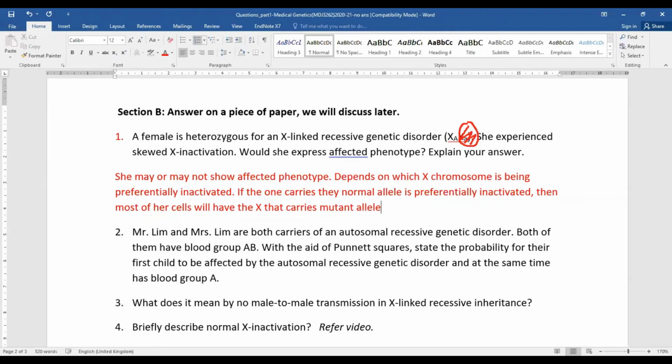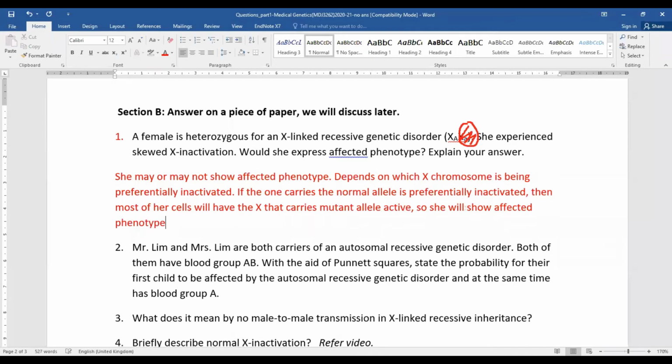And if the one that carries the normal allele is expressed and activated, then most of the cells will have the X that carries the mutant allele active. Okay.